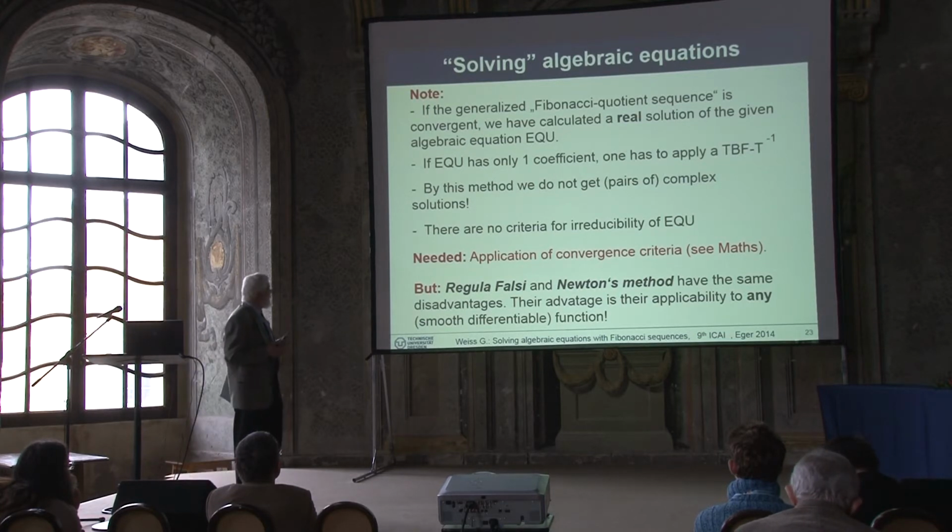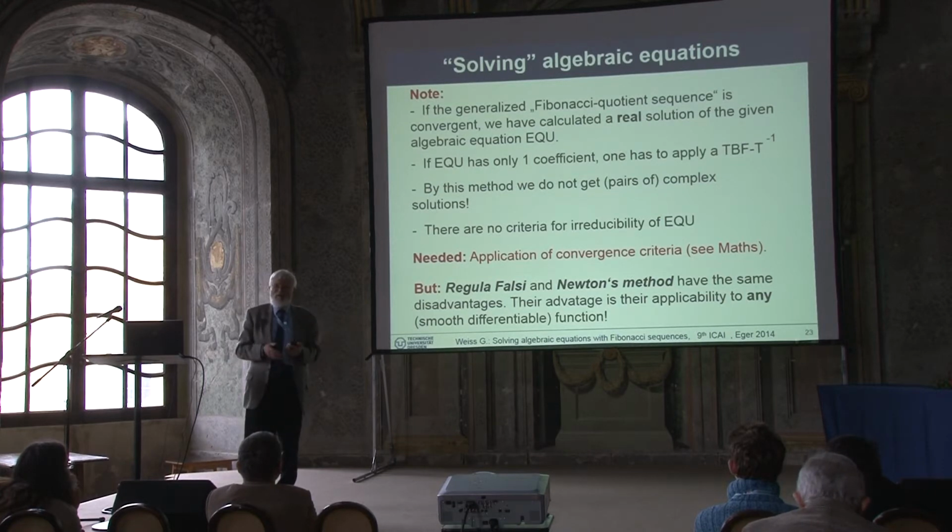You see, regula falsi and Newton's method are far more general. They are applicable in any case, not only for algebraic equations. Therefore, this topic is just more or less fun.